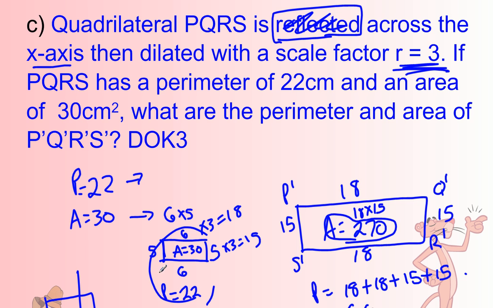And by me doing my pre-planning and using this idea of a rectangle and checking all the different sides to see which size gave me a perimeter of 22 and an area of 30, that allowed me to do the problem. That's why this is a DOK3, because it took quite a bit of steps to get from the beginning to the end.